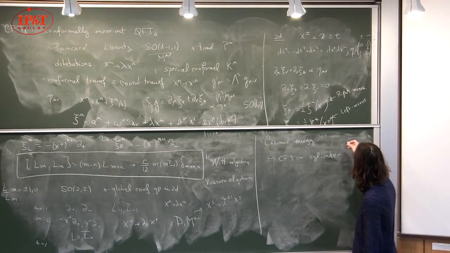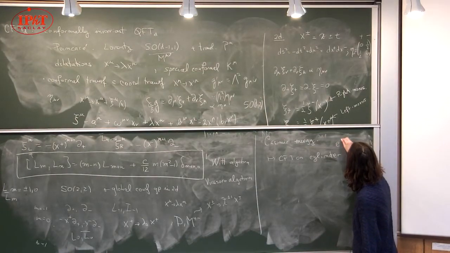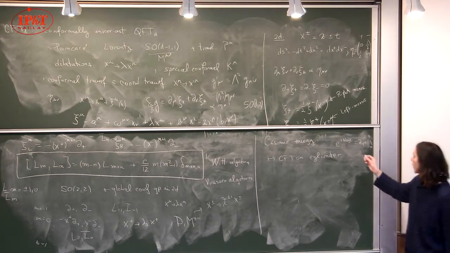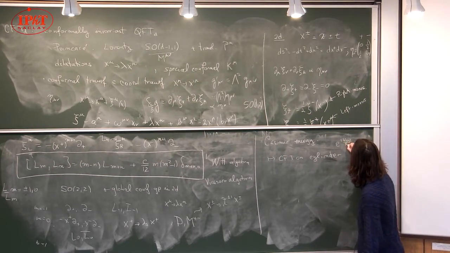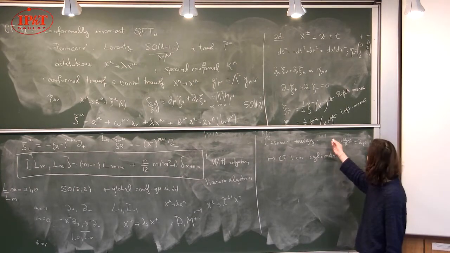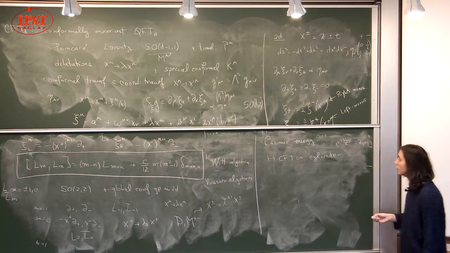So you have something like e to the i omega on the cylinder is z on the plane, if I'm not wrong, divided maybe by the radius of the cylinder. So you have an exponential map that takes you from the cylinder to the plane.